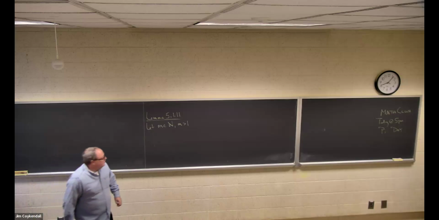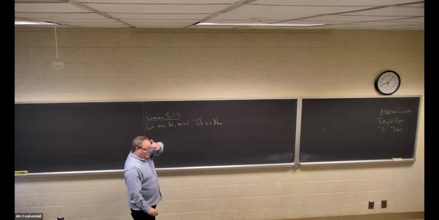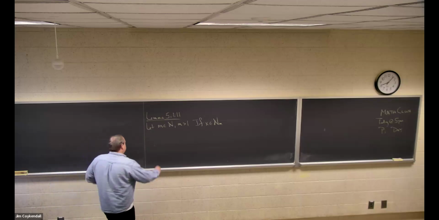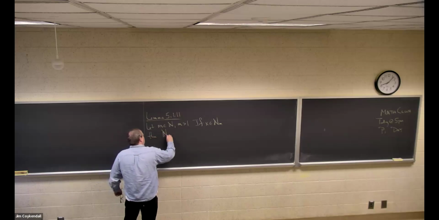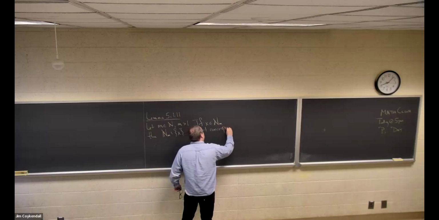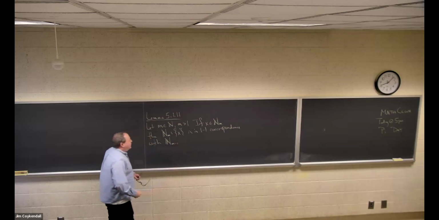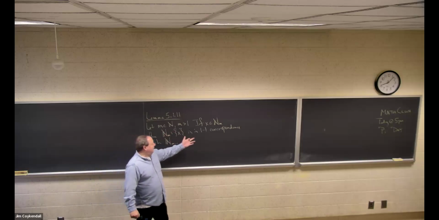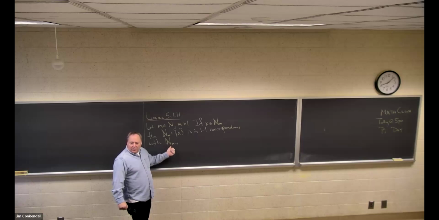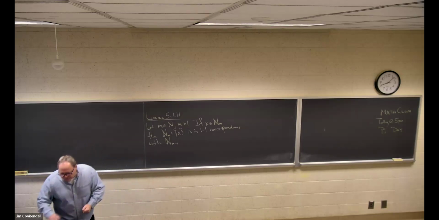If x is in N sub m, and remember this is the numbers 1, 2, 3 all the way up to m, then, in other words, what this says is if you have N sub m, these are the numbers 1 through m, and you take one of them away, then that set of elements is in one-to-one correspondence with N sub m minus 1.